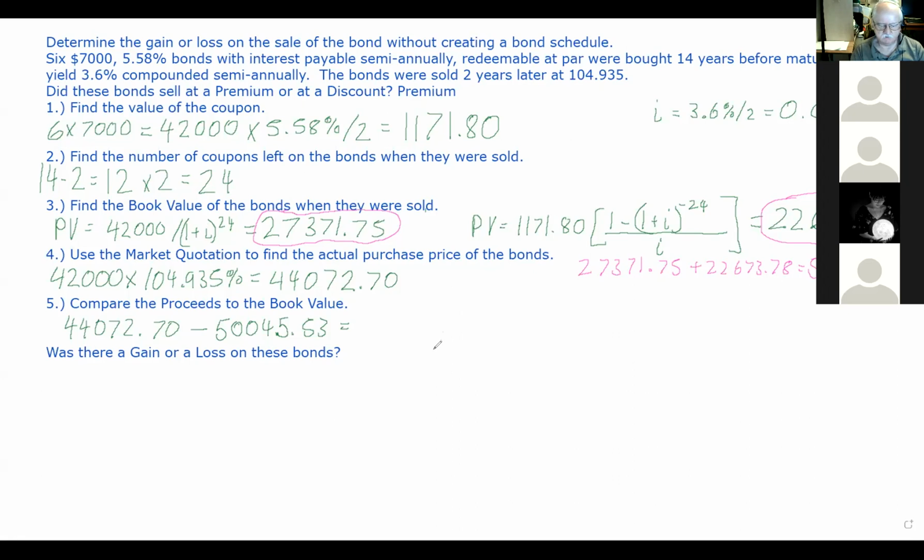And I got 39 something, which doesn't make any sense whatsoever, according to what Moodle wants for the answer. Compare the proceeds to the book value. What is the book value? Oh, I didn't use the book value. Don't know what I did there.